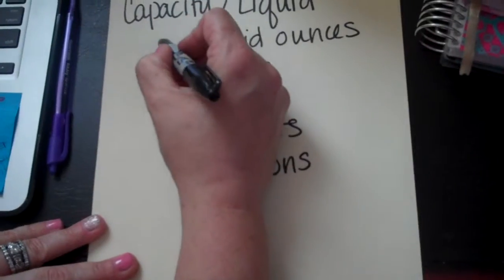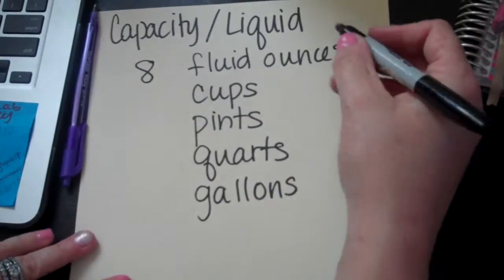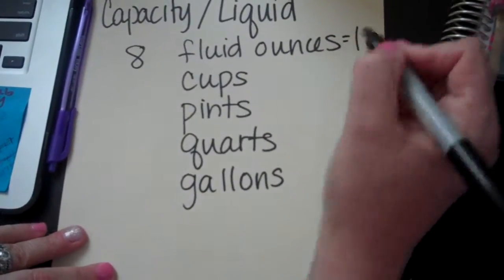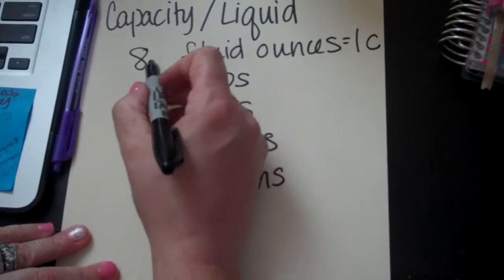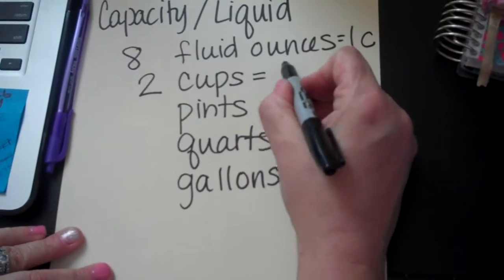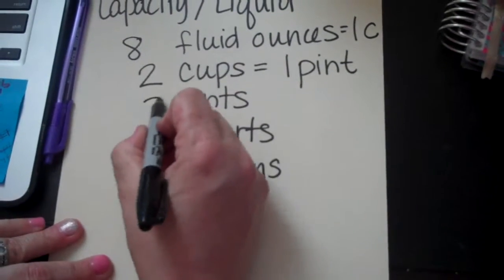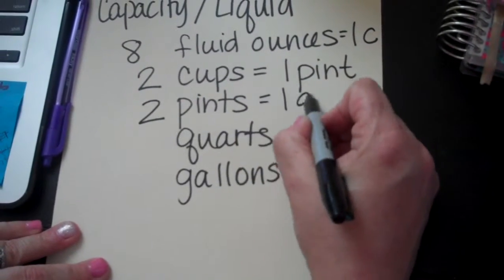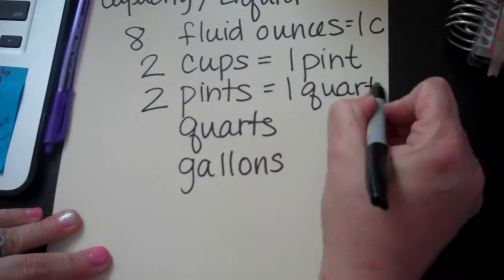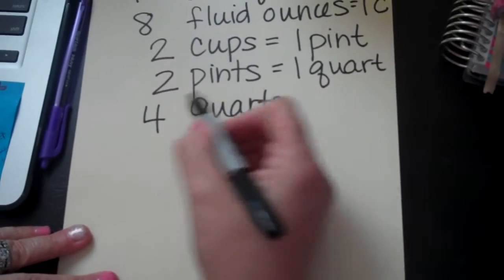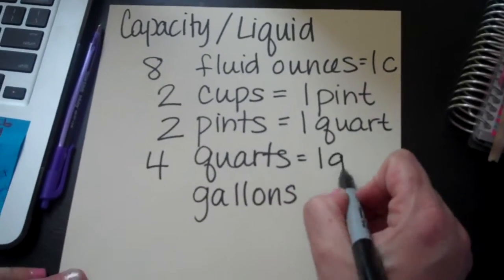There are 8 fluid ounces in 1 cup. There are 2 cups in 1 pint. There are 2 pints in 1 quart, and there are 4 quarts in 1 gallon.